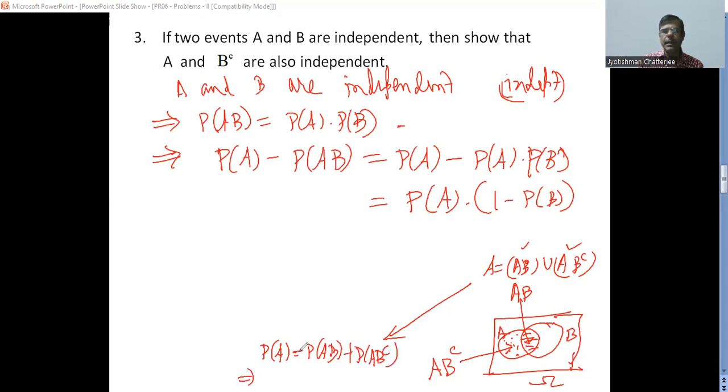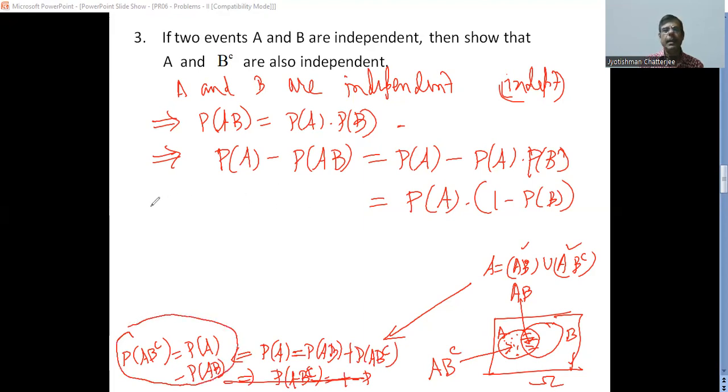So using this, I can write probability of AB complement is equal to PA minus P of AB. I get this.